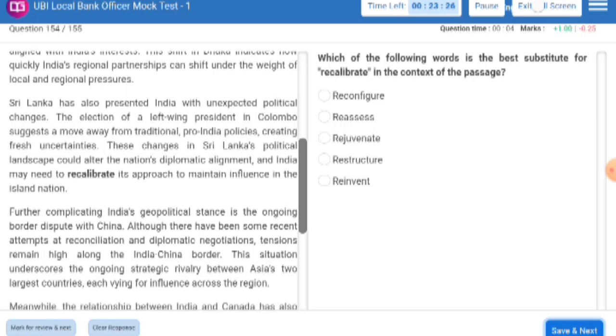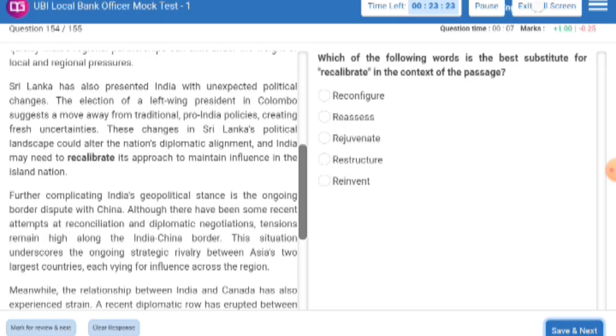Recalibrate. India may need to recalibrate its approach to maintain influence.